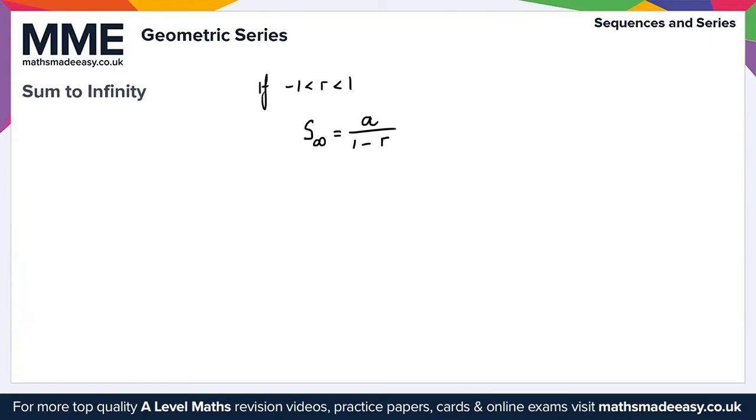So there's two things we can say here. If a series does sum to infinity, then we'd say that's a convergent series. So if the progression or the series sums to infinity, then we say this is a convergent series.